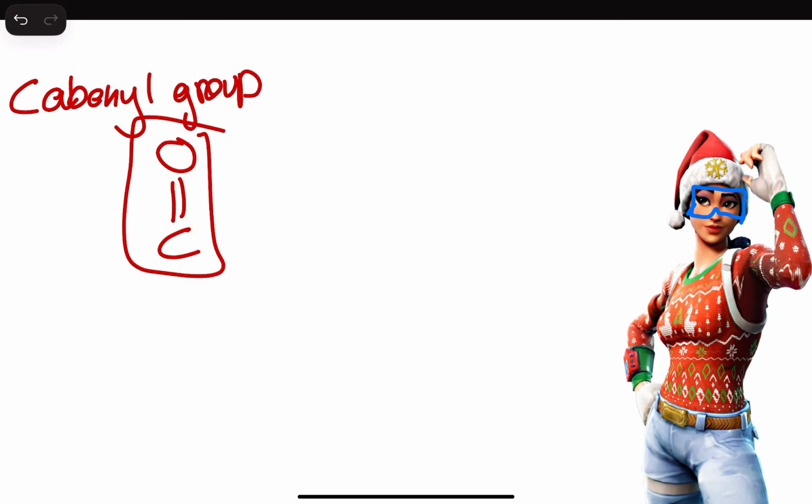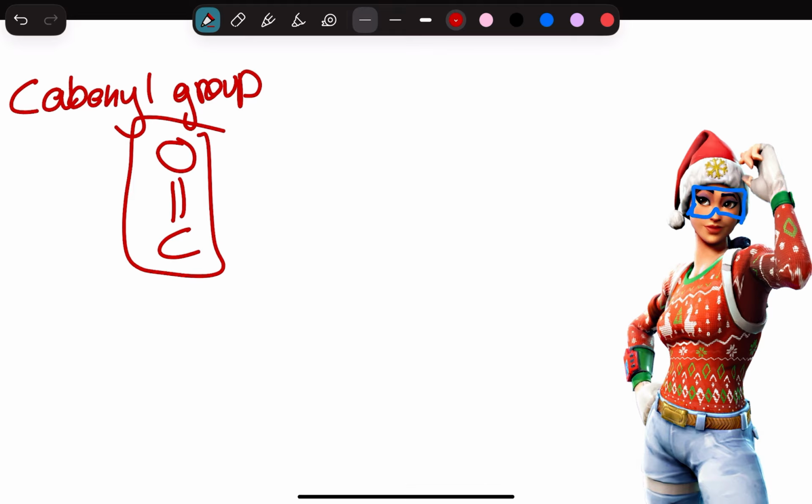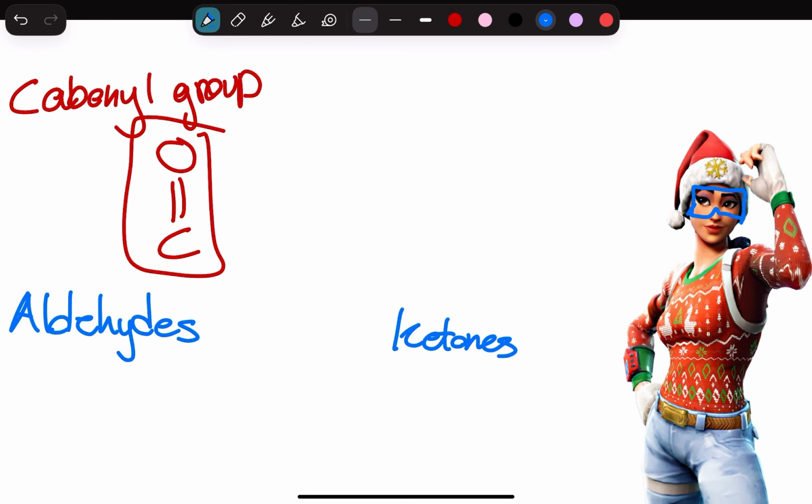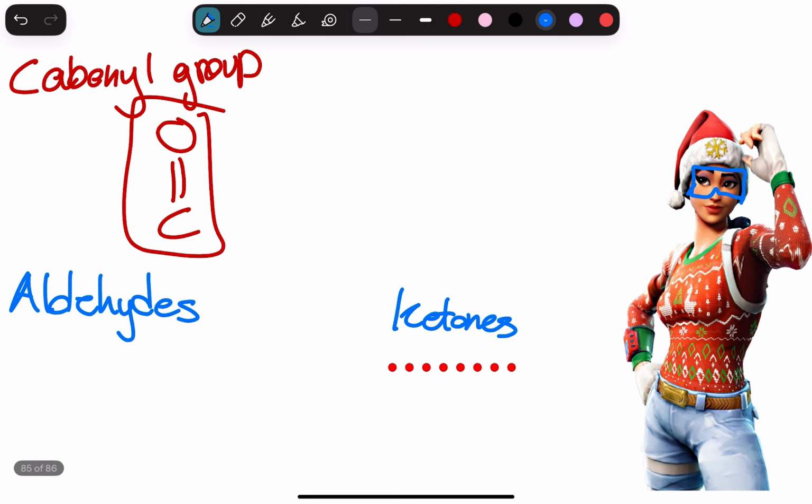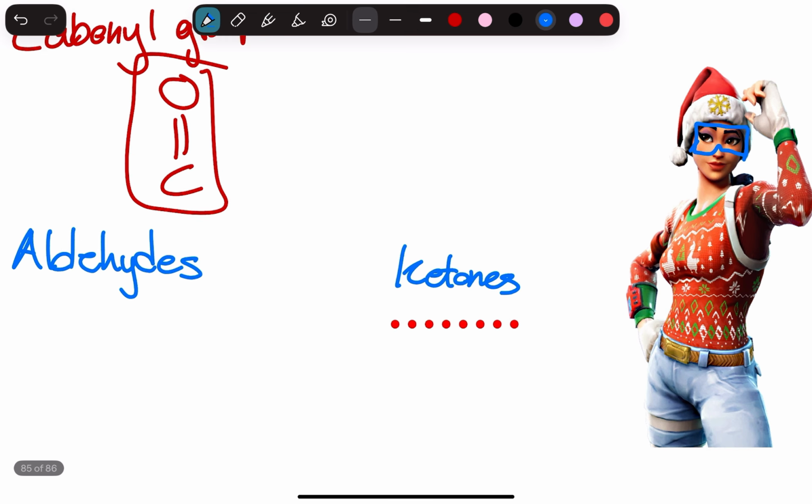There's 2 types of carbonyl groups. We have our aldehydes, and we have our ketones.